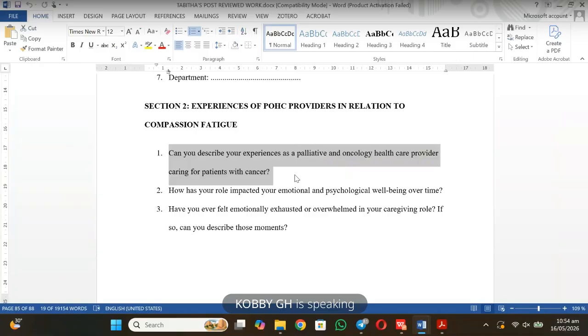It's not design. It's data collection approach. So the approaches, we have three: the quantitative approach, qualitative approach, and mixed method approach. Is that okay? So know all the approaches and know all the designs.